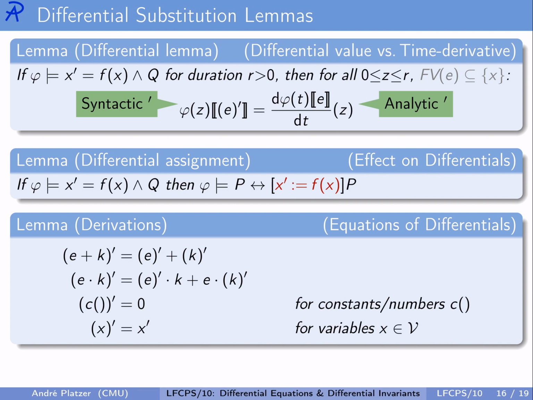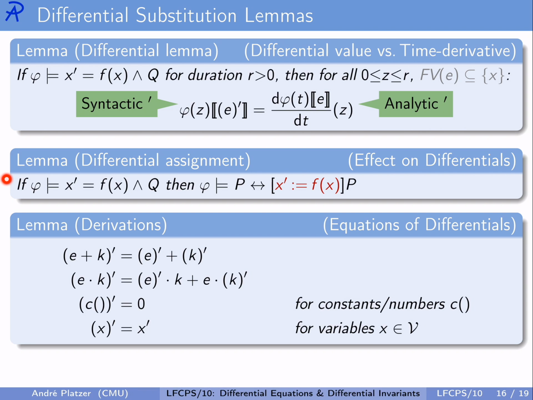And we also need to prove the soundness of the equations of differentials that we've used. For example, that e plus k prime is e prime plus k prime, and the Leibniz rule that e times k prime is e prime times k plus e times k prime, and so on. So let's justify the soundness of these. The proof of the derivation lemma for the equations of differentials I will leave for next time.